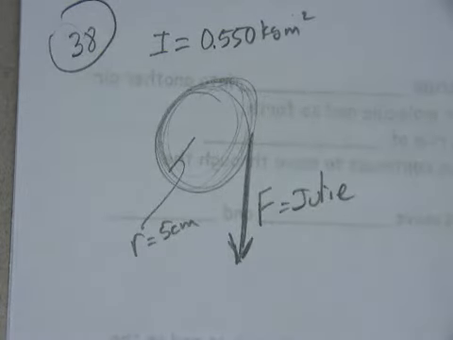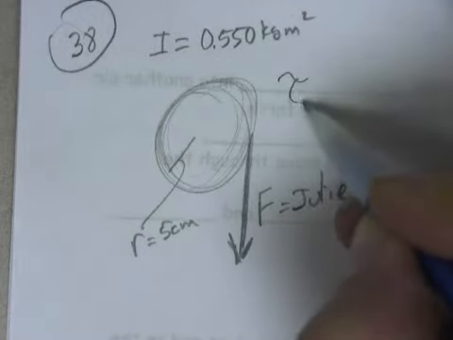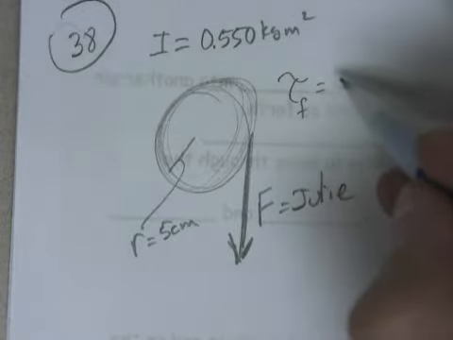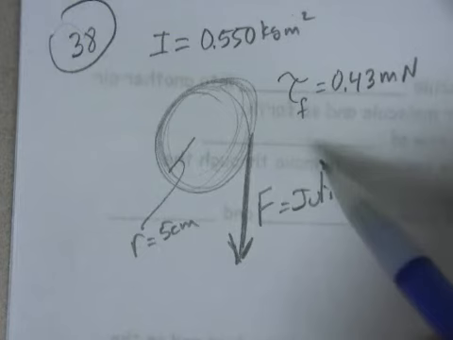And then they throw in a curveball, and it says there's an equivalent frictional torque impeding the pull that she's exerting, and that torque exerted by friction is equal to 0.43 meter newtons.